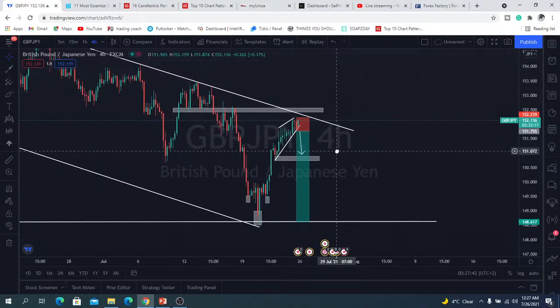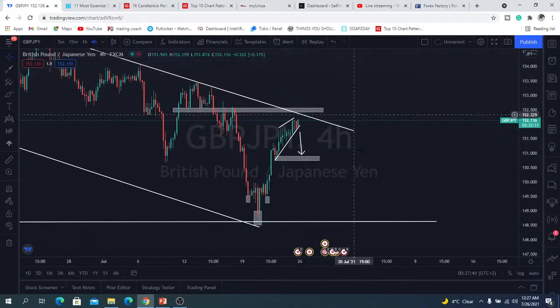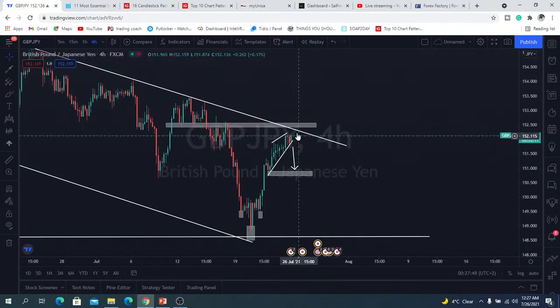But how are we going to enter? We are going to wait until the market reaches this point right here. Once the market reaches these areas, we are going to look for a confirmation. Let me teach you something about confirmations, a bonus for those still here since we went live around 11:30.